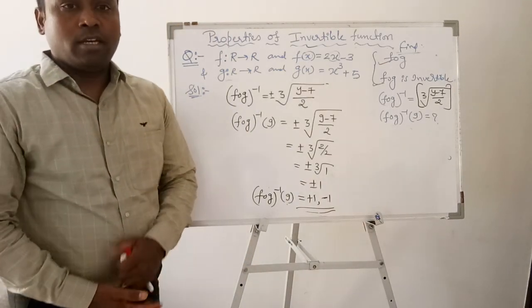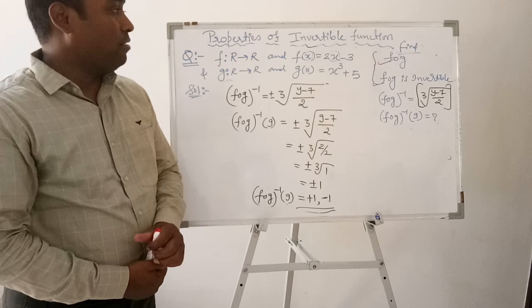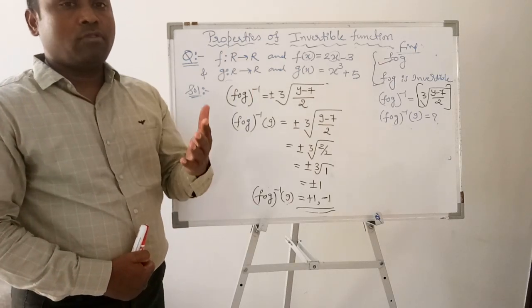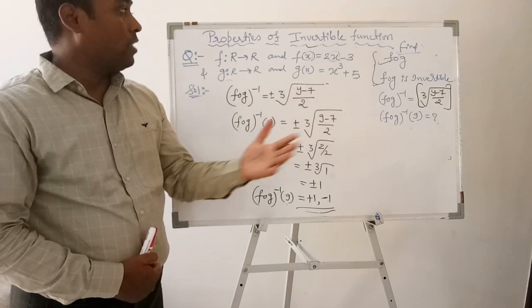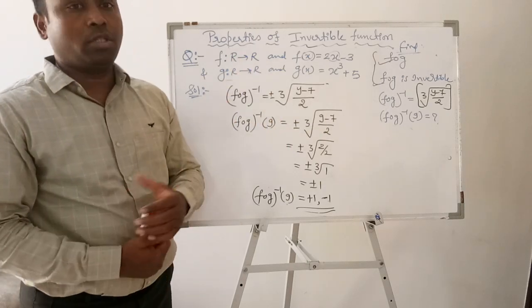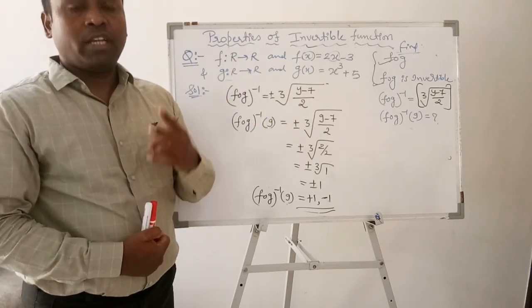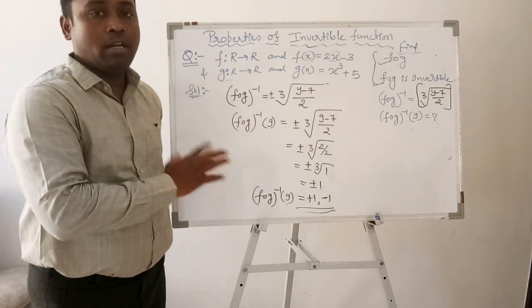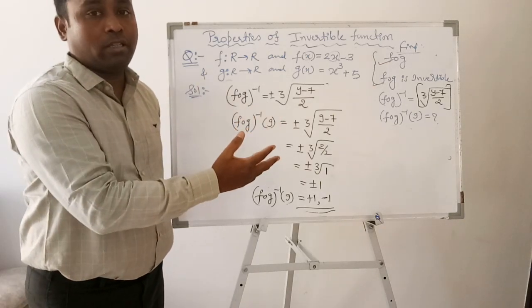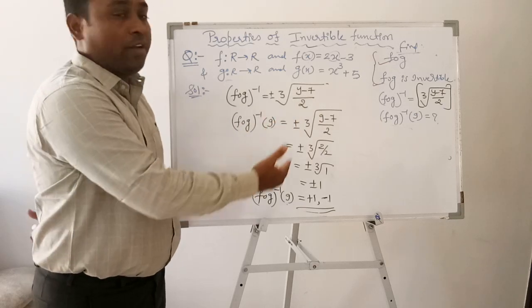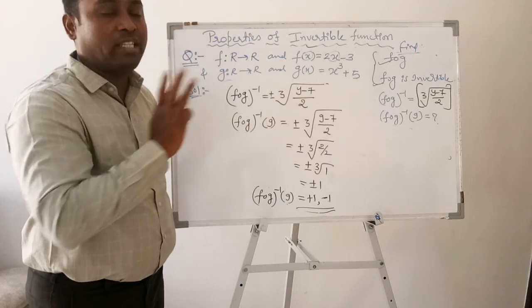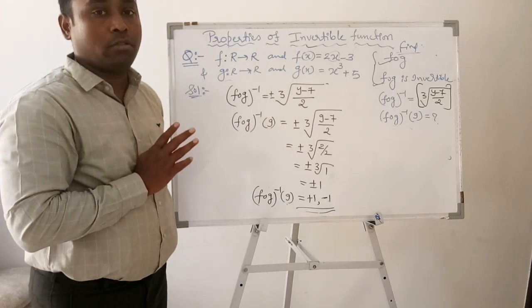So friends, here we end up with the chapter. In the last video we studied that invertible function testing can be done in two different ways. The first one was the bijective method, the second one was the composition method. In today's video we have learned the three major properties of invertible functions.